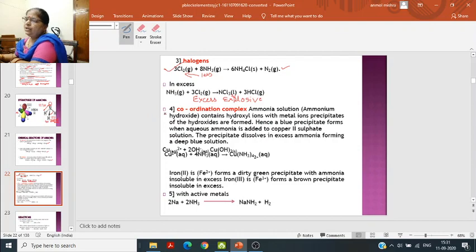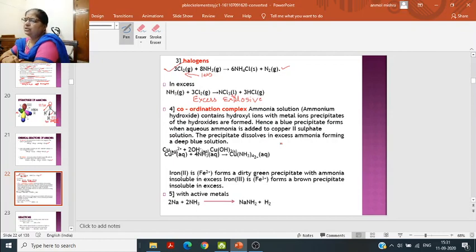Now ammonia acts as a ligand. Now ligand, this we will discuss. A species which has the tendency to donate a pair of electrons is called ligand.